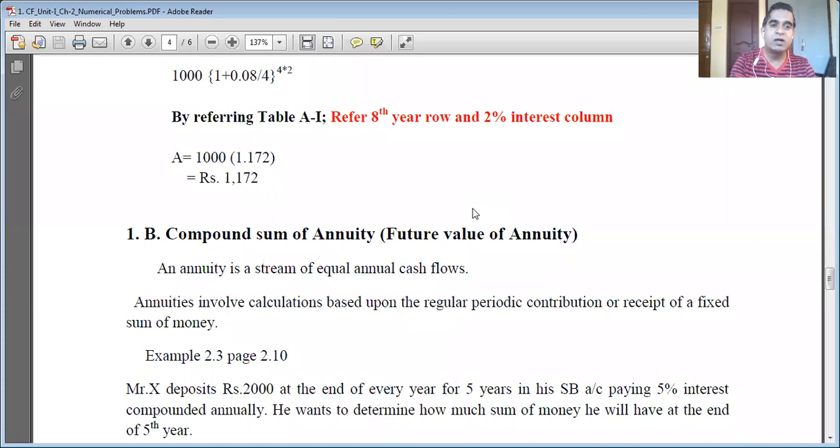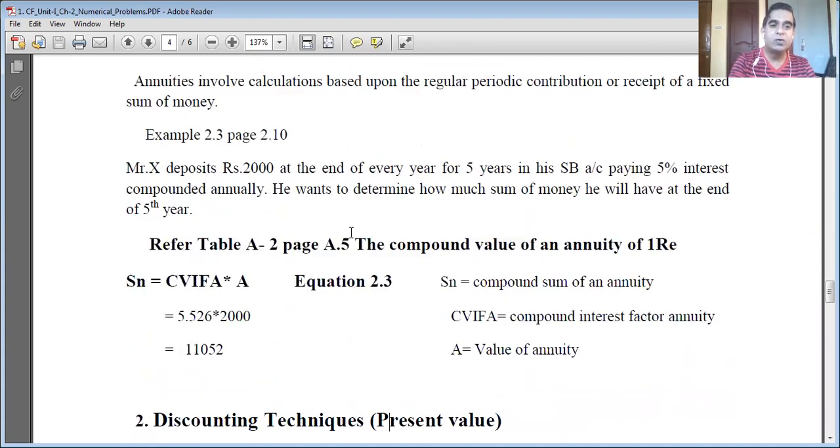And for compound sum of single cash flow, we used to refer table A1, the compound sum of 1 rupee. And for finding the future value of an annuity, we refer table A2, that is the compound value of an annuity of 1 rupee.